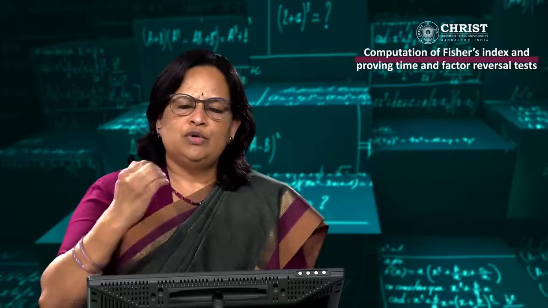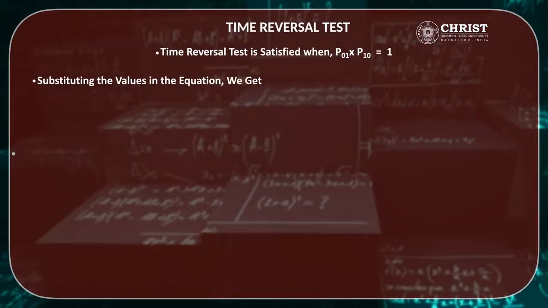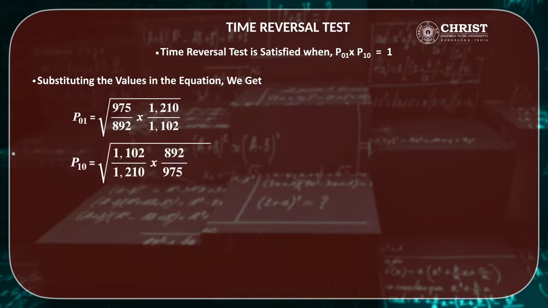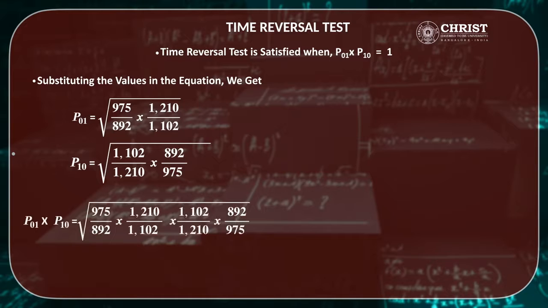So that is what we are going to do. P01 is the square root of 975 divided by 892 into 1210 divided by 1102. P10 is 1102 divided by 1210 into 892 divided by 975. Now when you do that, common figures you can cancel.